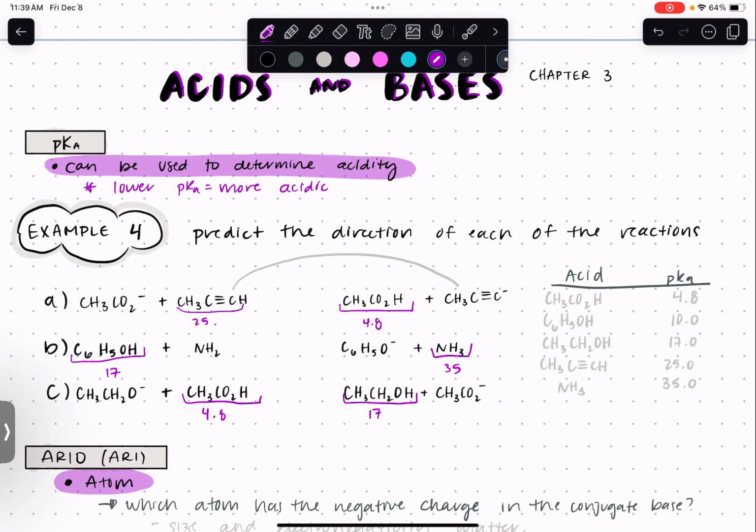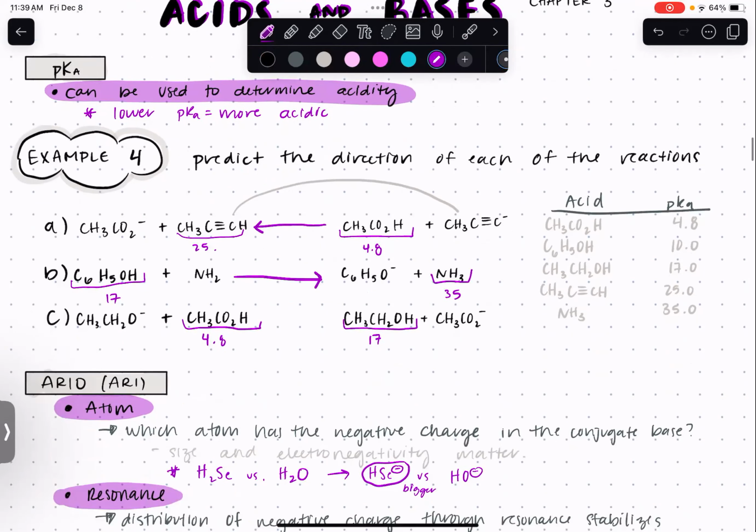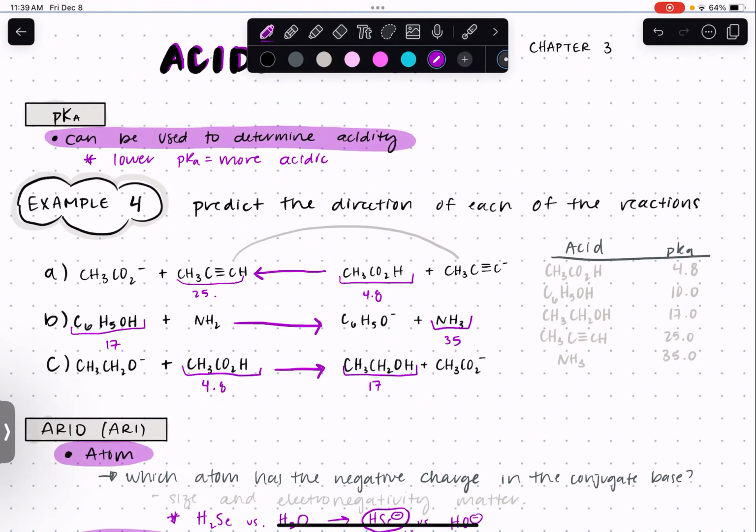So whichever one has the lower pKa of the two, we're going to go from the stronger one to the weaker one. So this reaction would go from the right to the left. B would go from the left to the right, like normal. And then C would also go from the left to the right, like normal. Does that make sense to everybody?